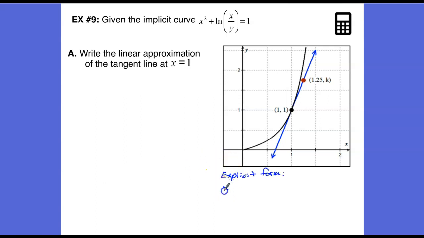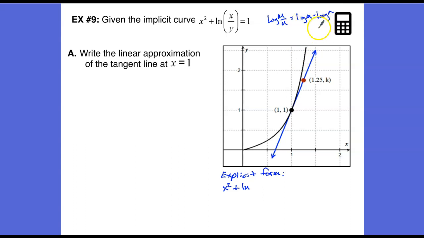So we start with our function x squared plus natural log, and you'll notice that I have x divided by y. Well, the quotient rule for logarithms says that the log of m over n is equal to the log of m minus the log of n.